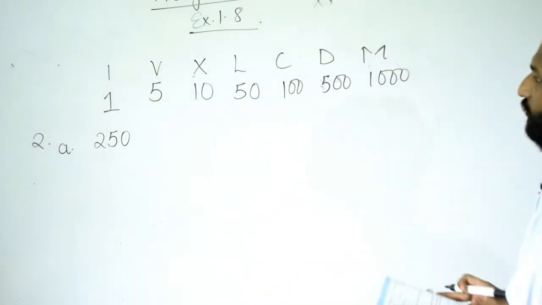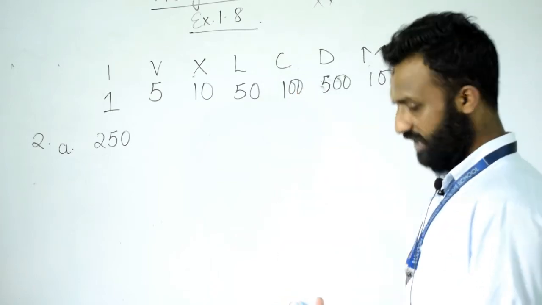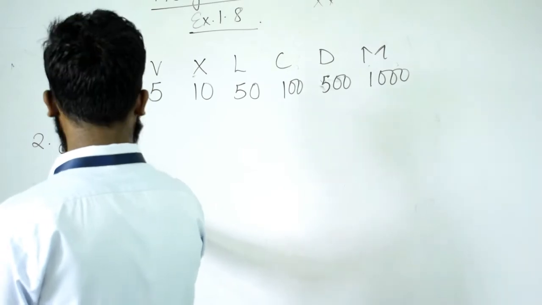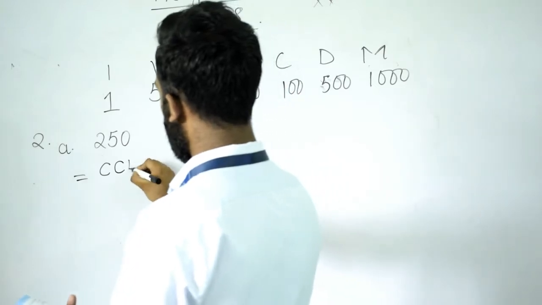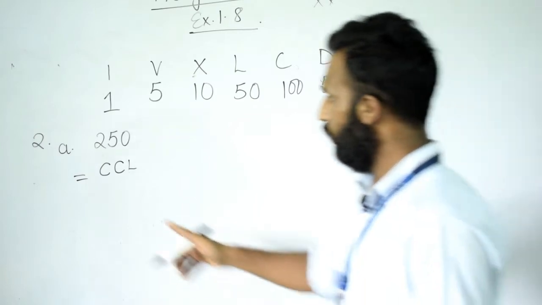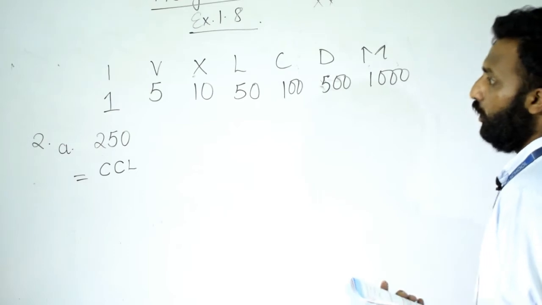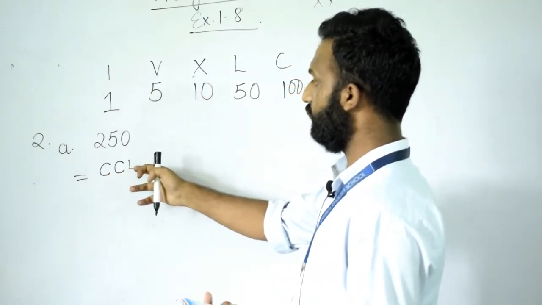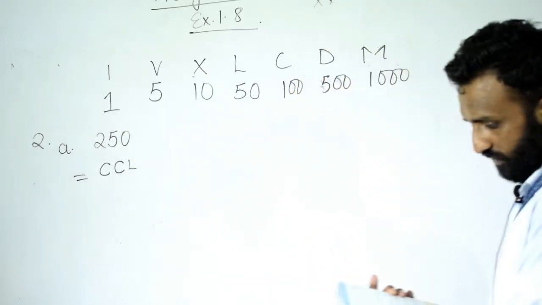How will we write 250? 100 is C and 50 is L. So 100, C, again 100, 200, so CC, then L. As I have told, we can repeat the symbols up to 3 times. So CCL, this is 250. The 50 is added after the bigger symbol, so this is 250.